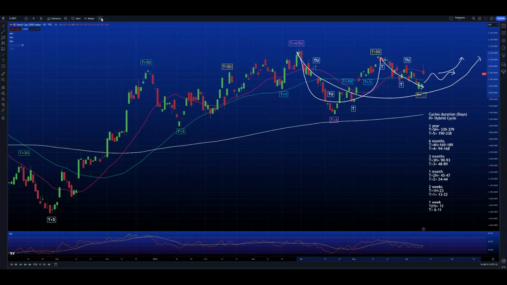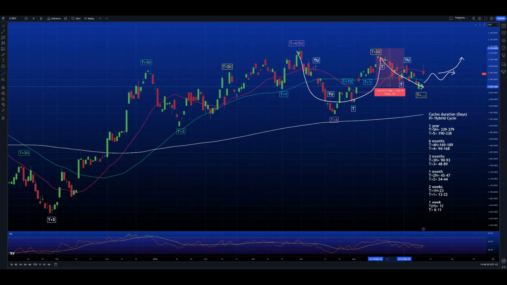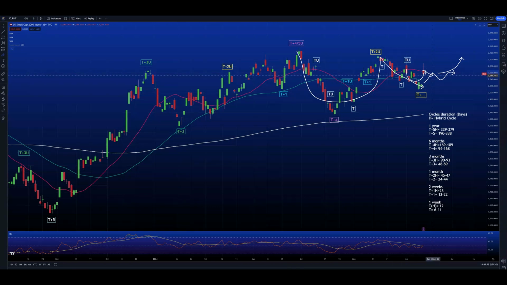Okay, and in order to close at T plus 3, here we have the first weekly upward cycle. Then here we have another weekly upward cycle, and let's see now whether we can have another push to the downside and further up.